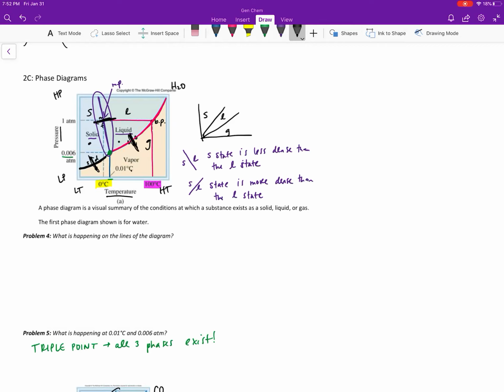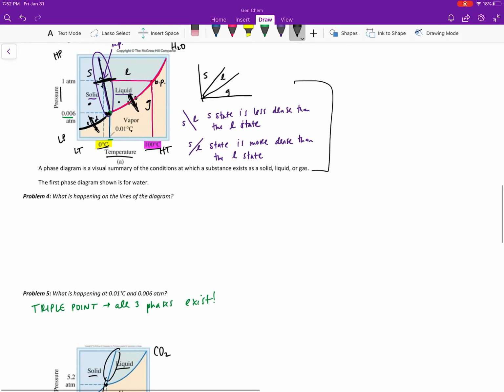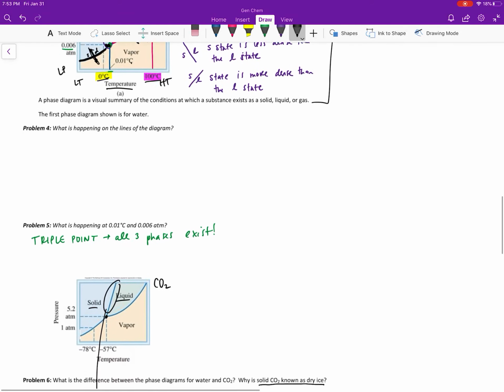We talked about finding the melting point and the boiling point. We talked about the triple point. We talked about the importance of the backslash and the forward slash and how it tells us something about the densities of the liquid and the solid state. So make sure you know phase diagrams very well.